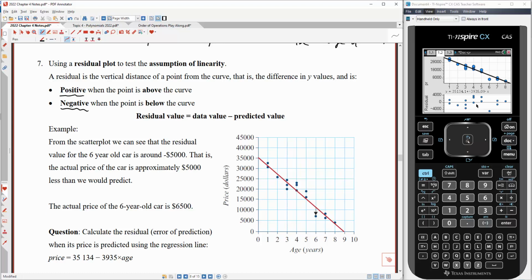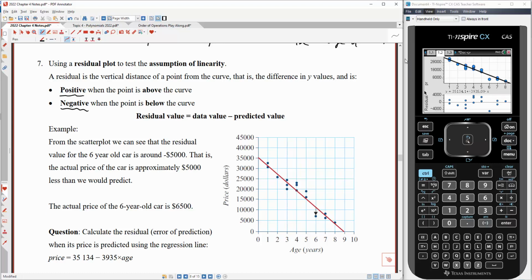If a pattern comes up here, like a parabola or something that has a distinct pattern to it, then it suggests that the original points were actually not linearly related. So when you see a bit of random scatter here, that's actually excellent on the residual plot if you indeed have fitted a linear regression line.